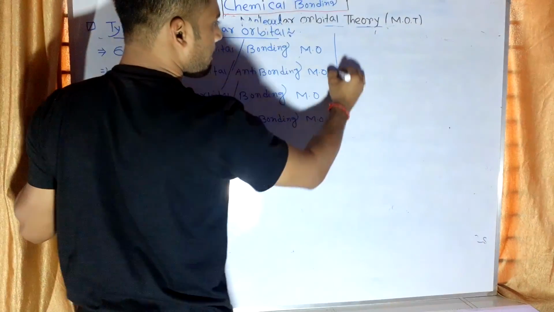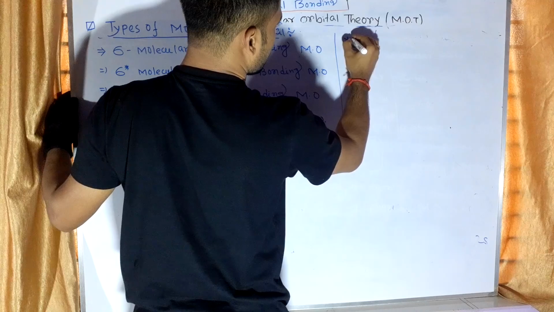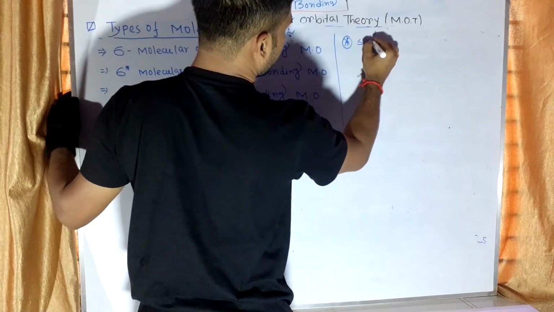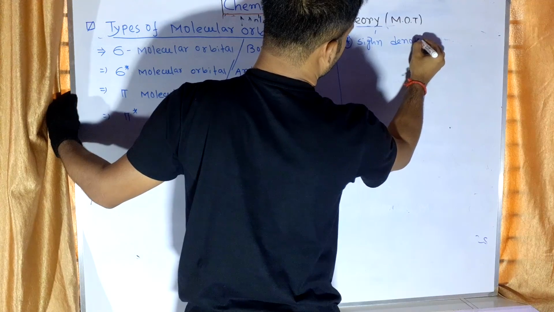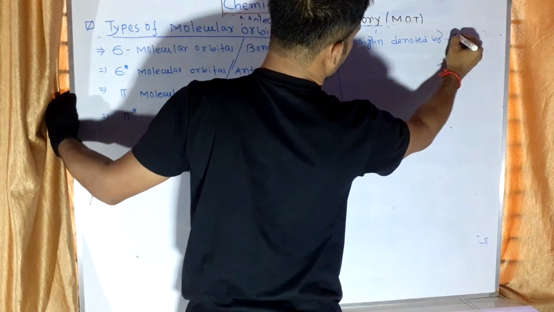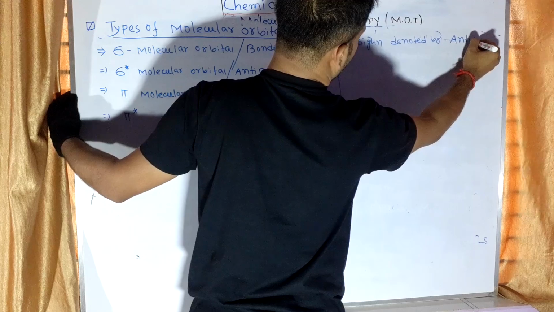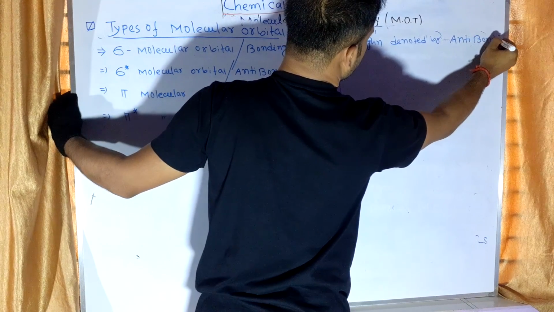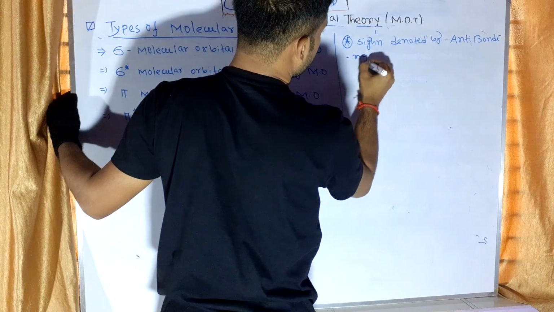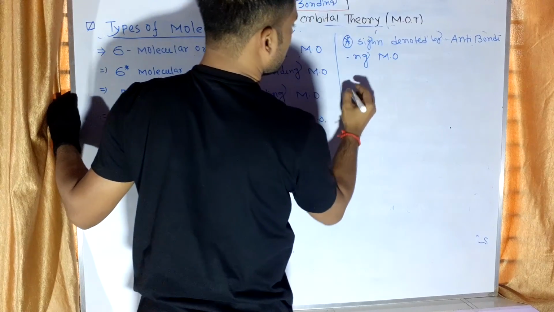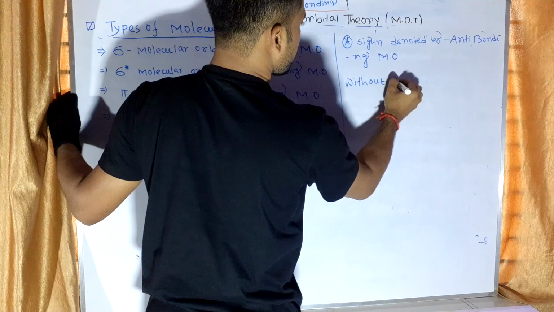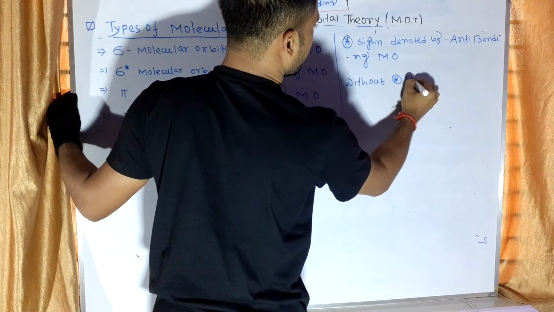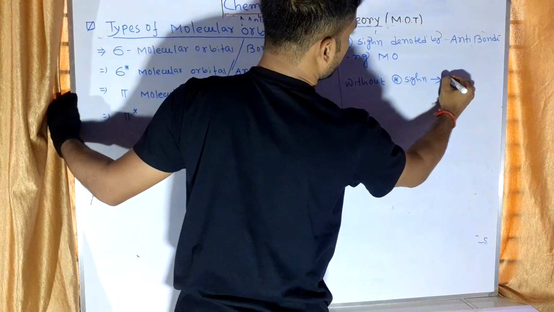Star sign denotes anti-bonding molecular orbital. Without the star sign, it is denoted as bonding MO.